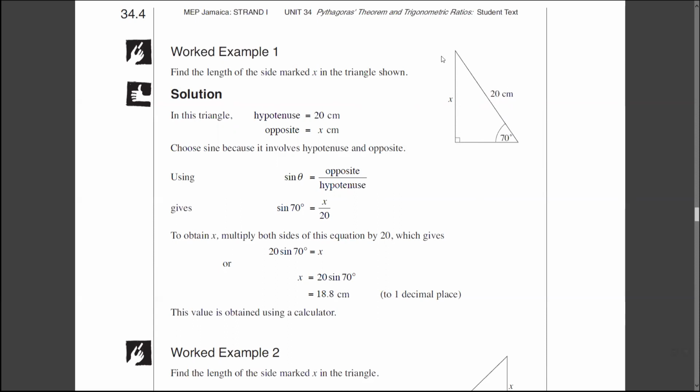This is my hypotenuse, and then find x. So fine, I can do that. Or I can even use cosine, find this, and then use tangent and find x, because now you would have the adjacent and the opposite. And for tangent, that's all I need.